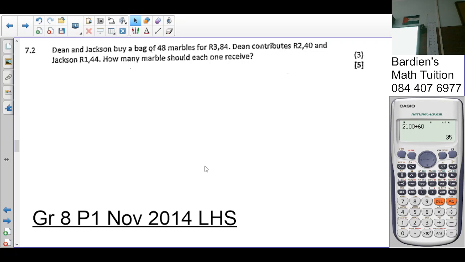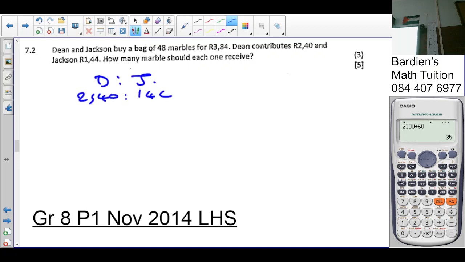How many marbles should each one receive? Now you must consider that we are going to divide the marbles according to the amount they put down when they invested. So 2 rand 40 is to 1 rand 44. We convert everything to cents, so I multiply by 100. So it's 240 is to 144.